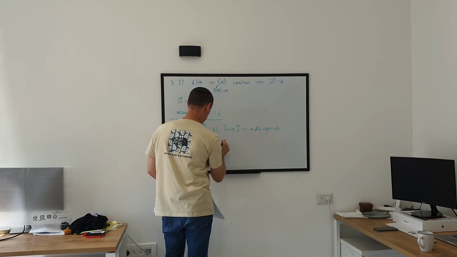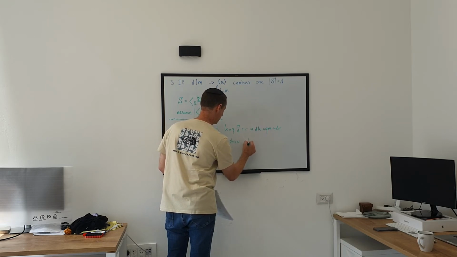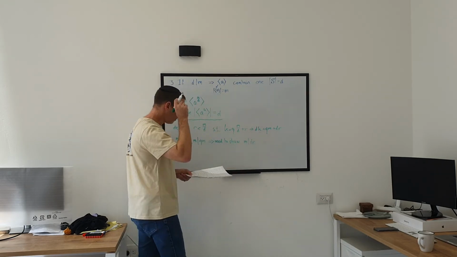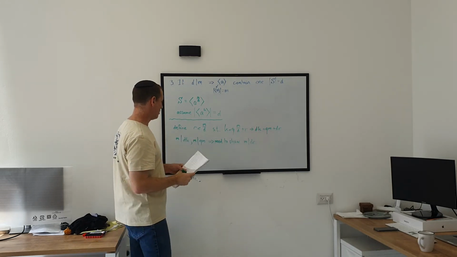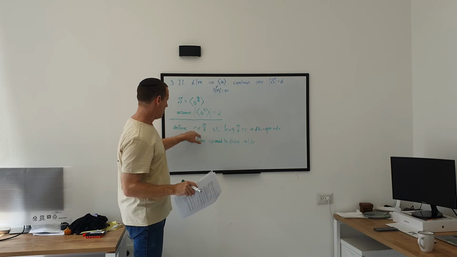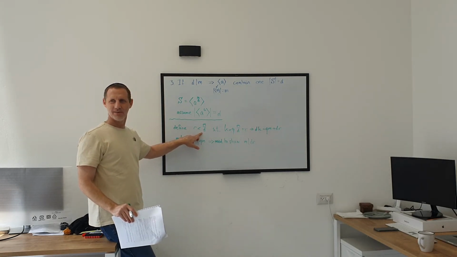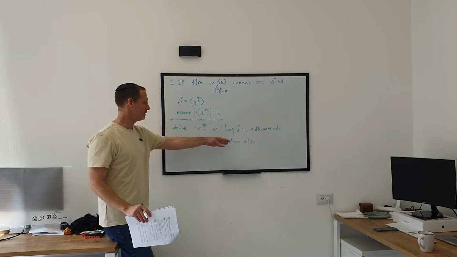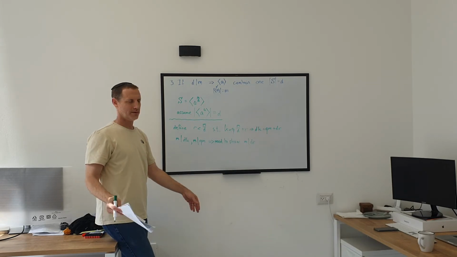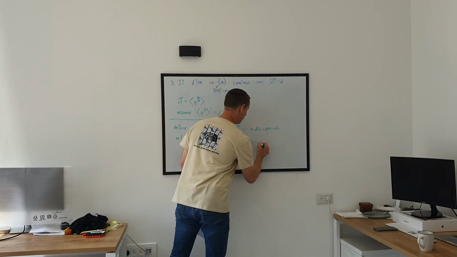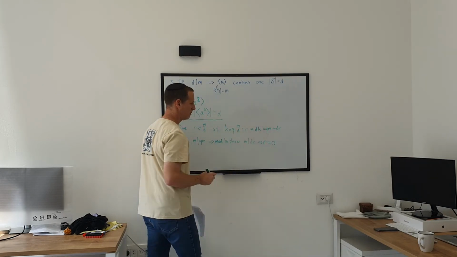So we need to show that M divides D times R. That's a problem, right? Why is that a problem? Because D times R is smaller than M. R is less than M over D, so there's no number smaller than M where this will be true, apart from 0. So this means that R has to be 0.